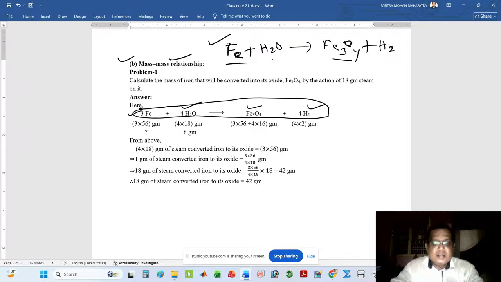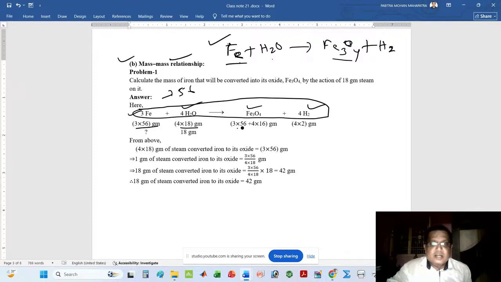If you want to express the equation in terms of weight, the atomic mass of iron is 56, so I can write 3 into 56 gram. Next, 4 into 18 gram, where 18 is the molecular mass of water. There are 3 iron atoms, and the atomic mass of iron is 56.